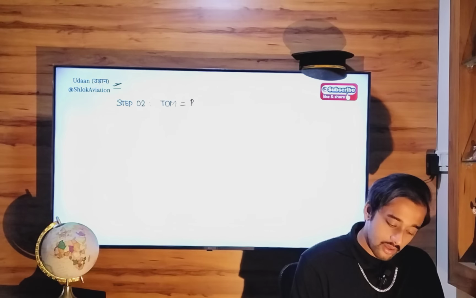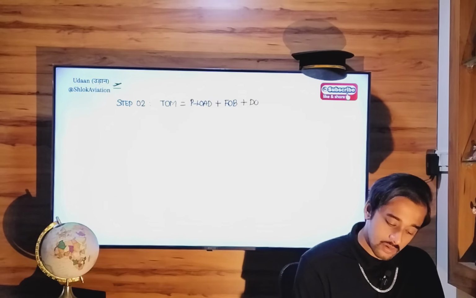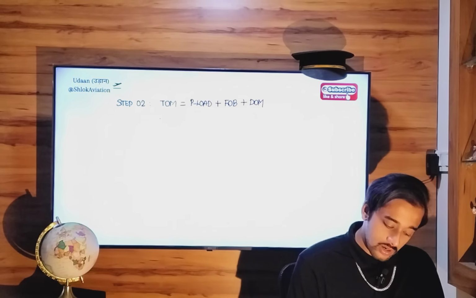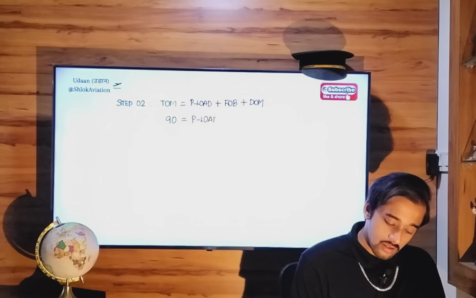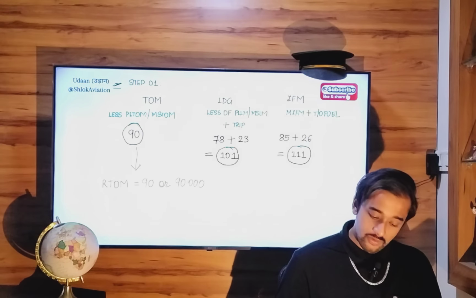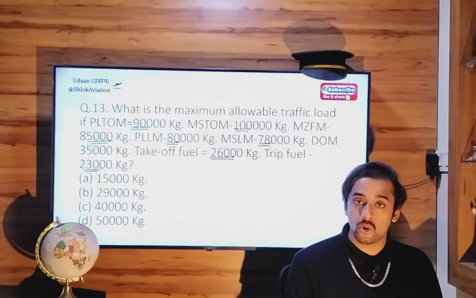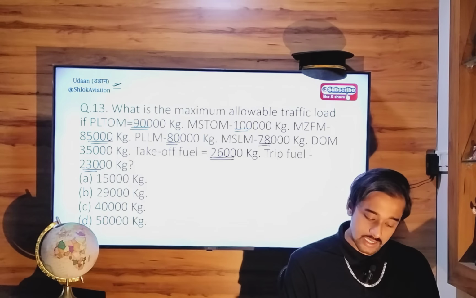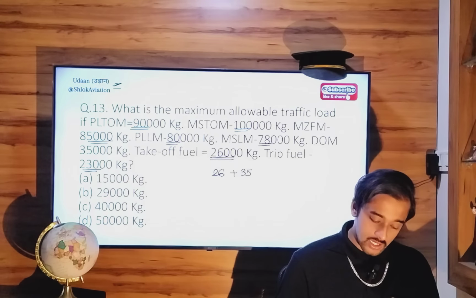use the formula takeoff mass equals payload plus fuel on board plus DOM. Therefore, 90 equals payload plus fuel on board, which is 26,000 kg, so 26, and DOM is 35,000, so 26 plus 35.